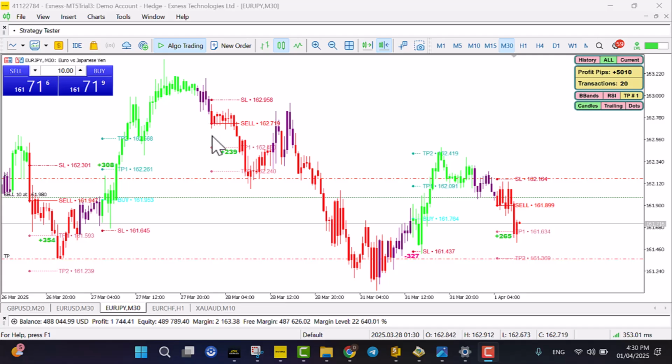So why would you enter that specific trade? That's why I've also included that kind of filter, which filters out the size of the candle that you will use to enter the trade, or the entry candle of the trade.